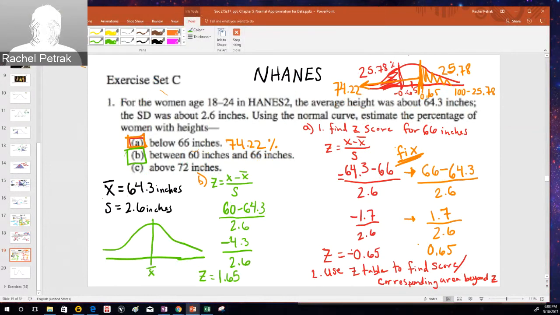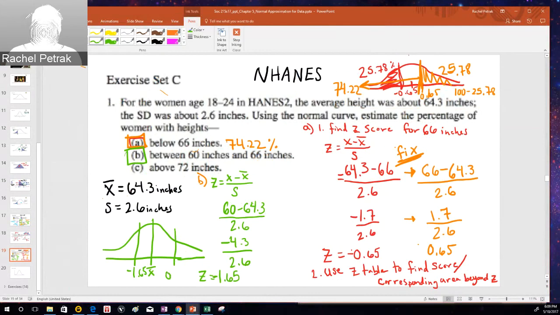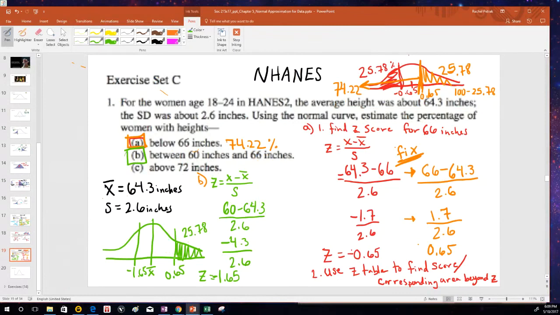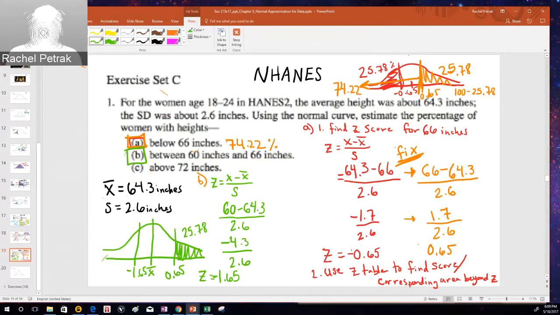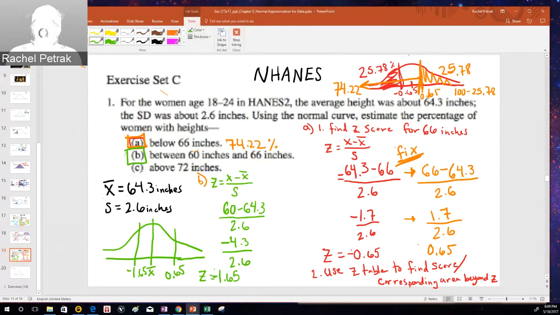Here's our mean. 60 is below the mean, so this is a negative 1.65. And 66 is above the mean, 0.65. We want the proportion between these two. We already know this proportion out here is equal to 25.78, and that the proportion below this is 74.22. So we can use that information we got for part A to help us find the answer to B here.